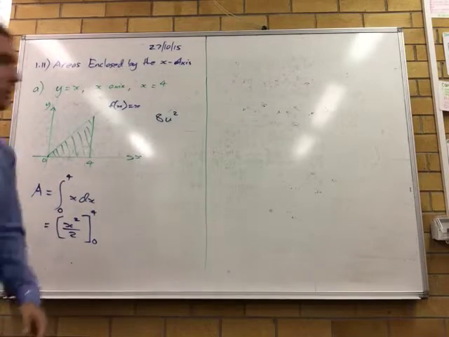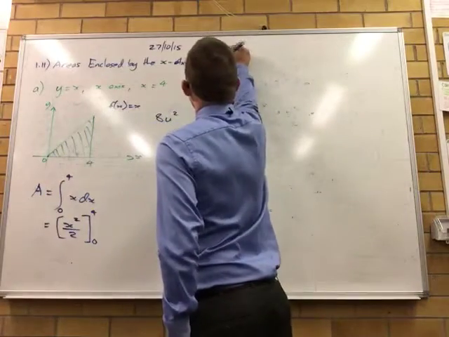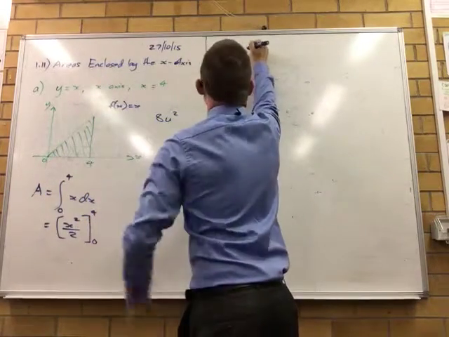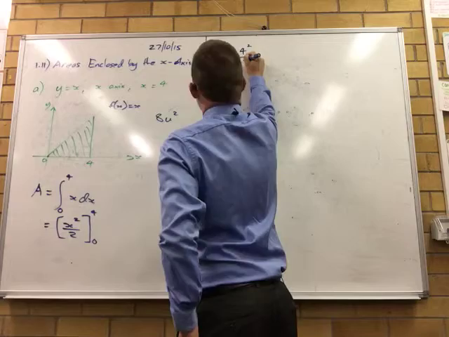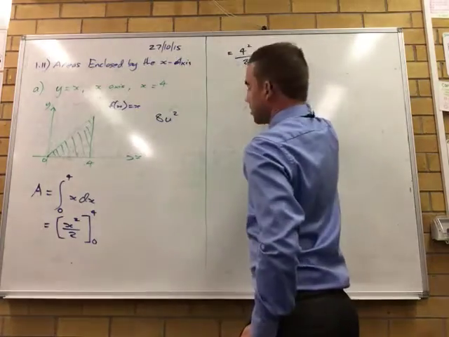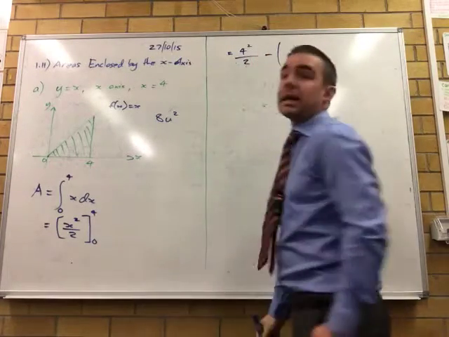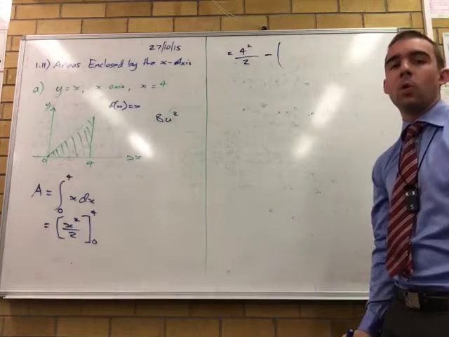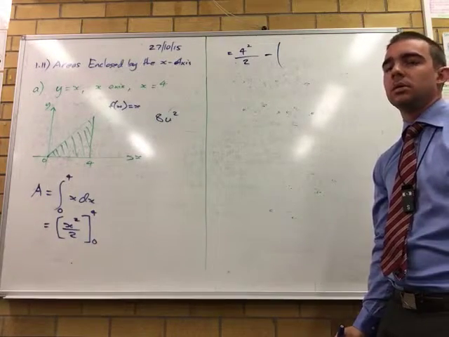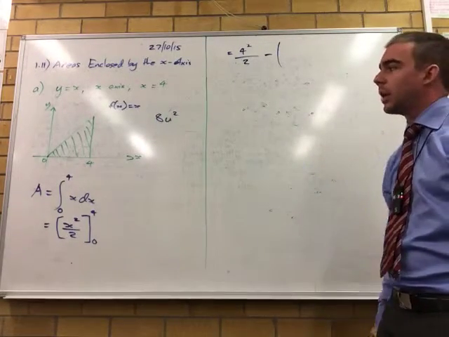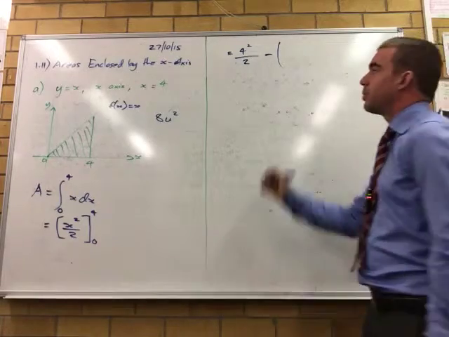Right, that is the fundamental theorem of calculus. So equals, substitute 4 in for x, it'll be 4 squared on 2. Take away, now get in the habit, put the brackets there, always, because when you have more than one term, which we'll have coming up soon, you need to have the brackets.